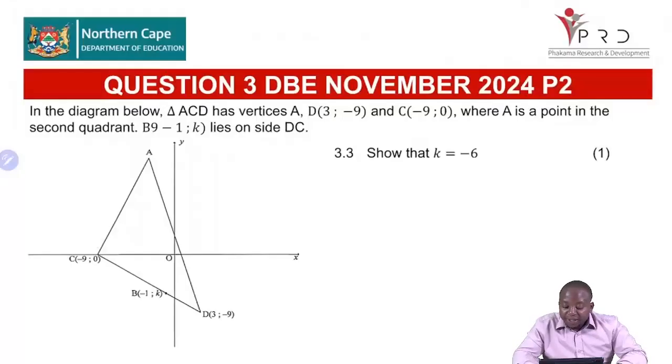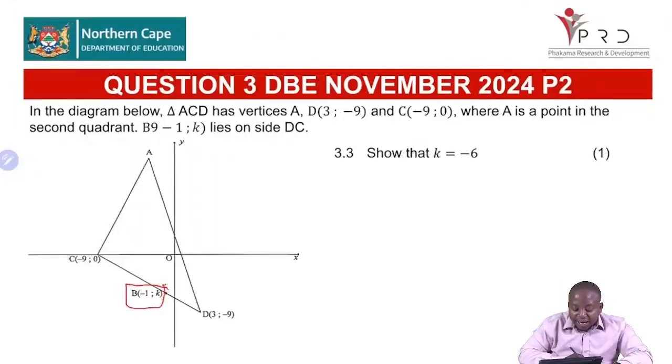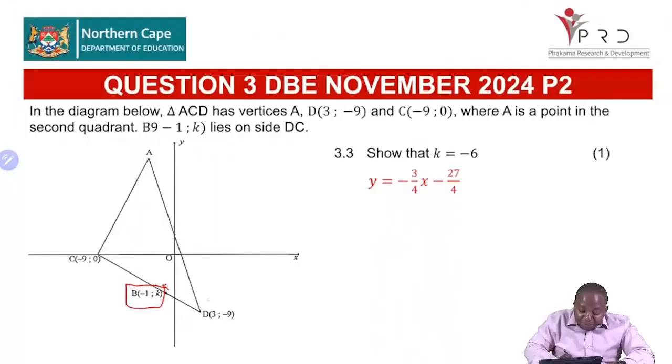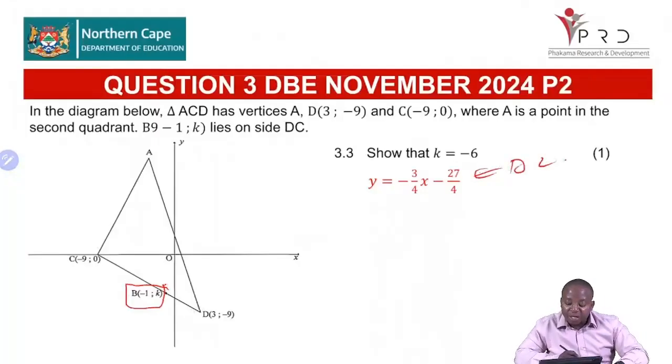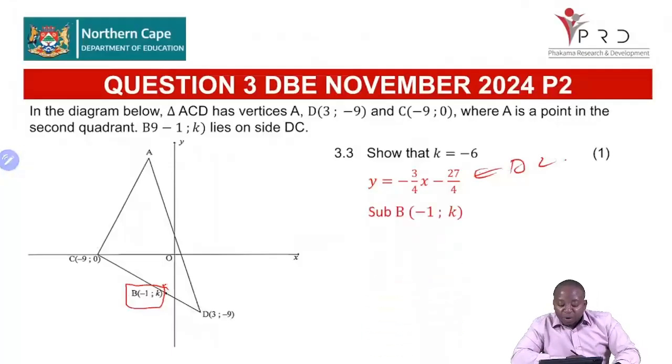Now 3.3 says show that k is equal to negative 6. How do we show that k equals negative 6? We can see that k is found on B, and point B lies on DC. So we already have the equation of DC from the previous question, and we can just substitute into it the coordinates of B, which are negative 1 and k.